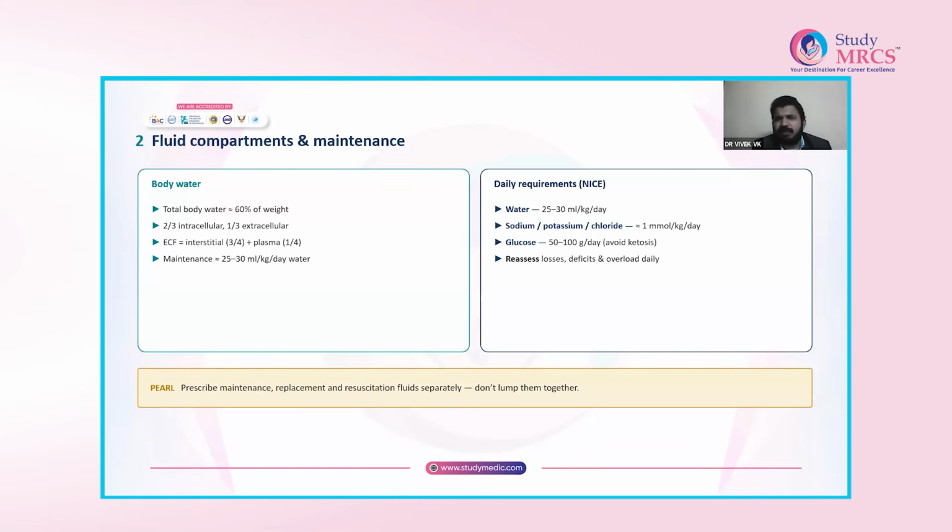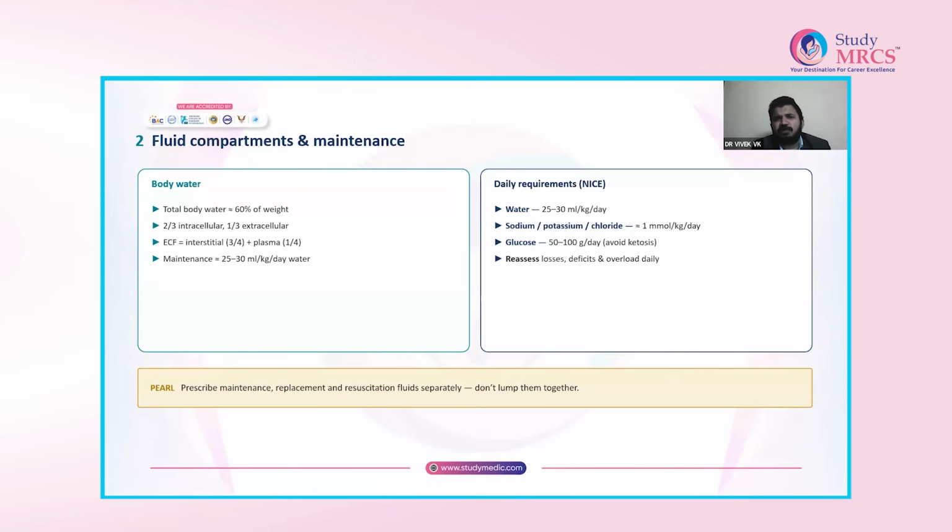Regarding electrolytes, that is sodium, potassium and chloride, the daily requirement is about 1 millimole per kilogram per day. The average glucose requirement ranges from 50 to 100 grams per day.